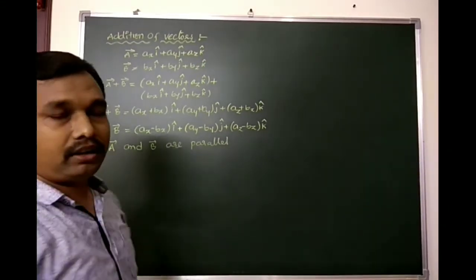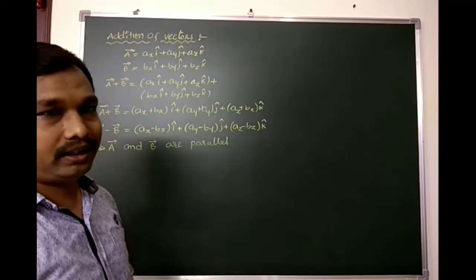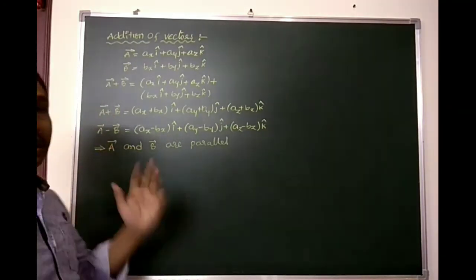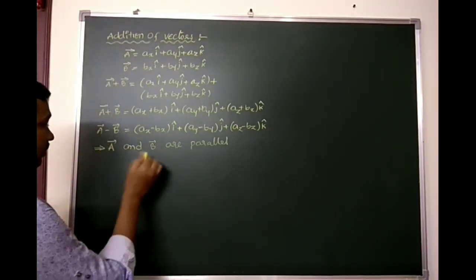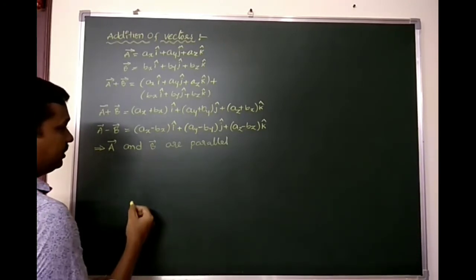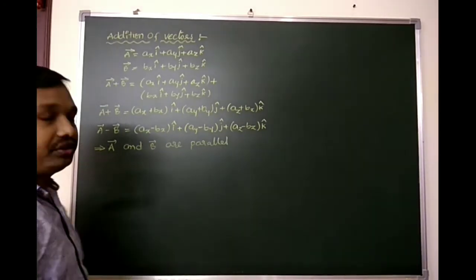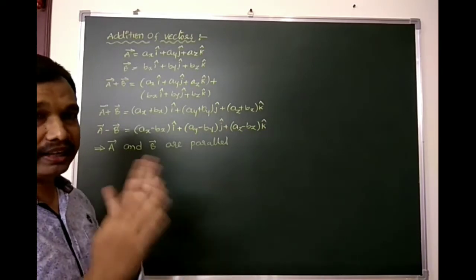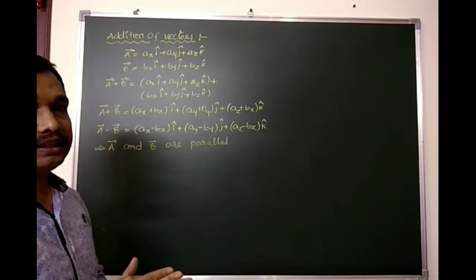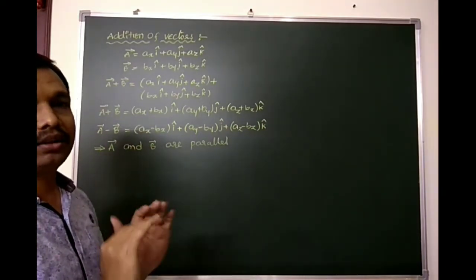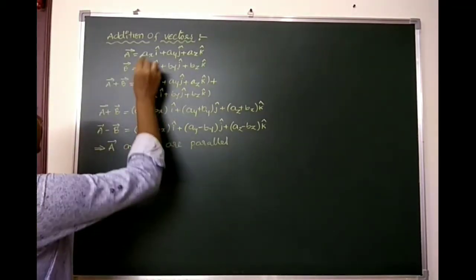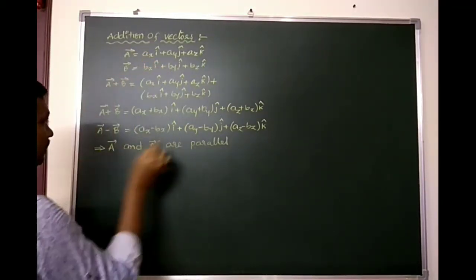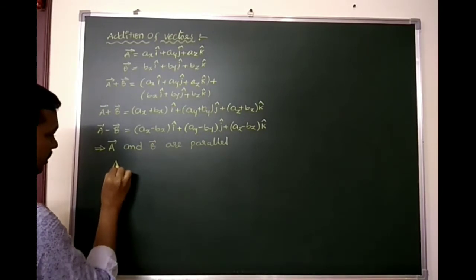If a vector and b vector are parallel, what is the relation between a vector and b vector? If they are parallel to each other, the ratio of their magnitudes along x-axis, along y-axis, along z-axis remains constant, nothing but ax by bx. Let us take one more example.